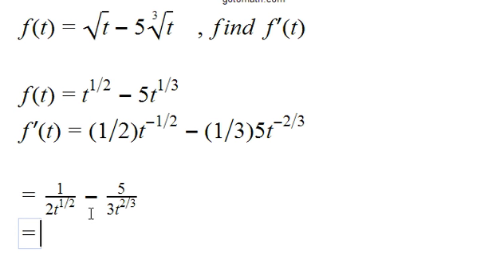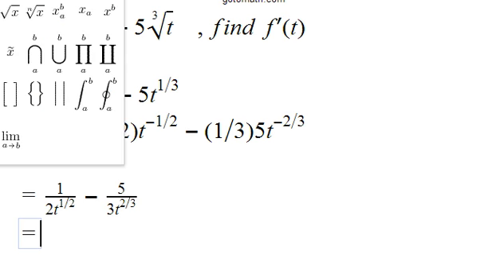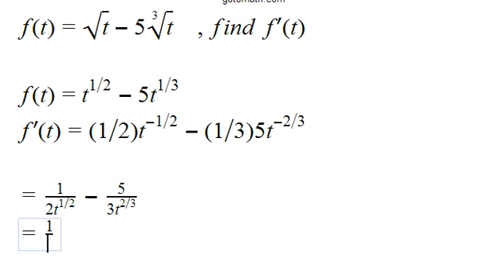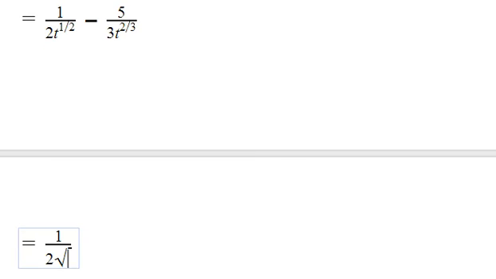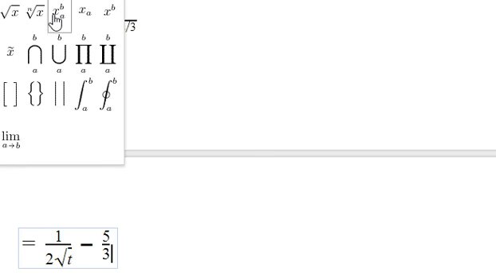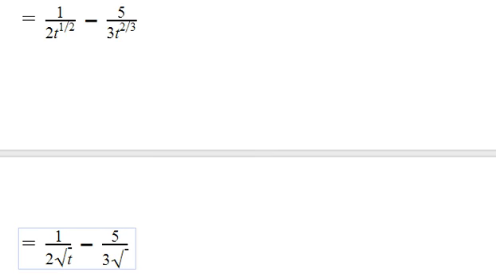Alright, so now what we're going to want to do is rewrite this and get this back into radical form. So we're going to have t, so we got the square root of t, then minus, whoops, need to get the minus there, and we're going to have 5 over 3, and then this time, there's a couple of different ways you can actually write this. I think what I'm going to do is just put a parentheses around it.